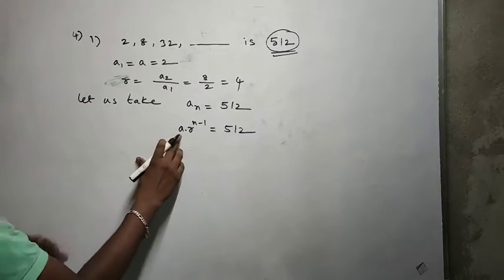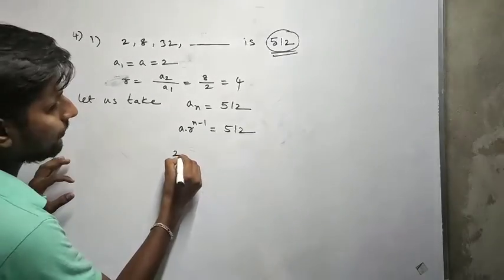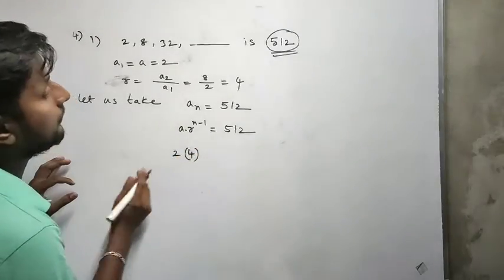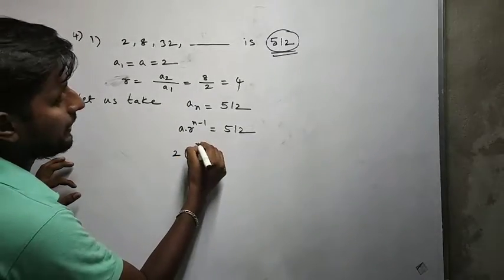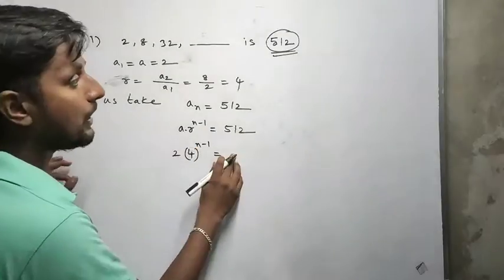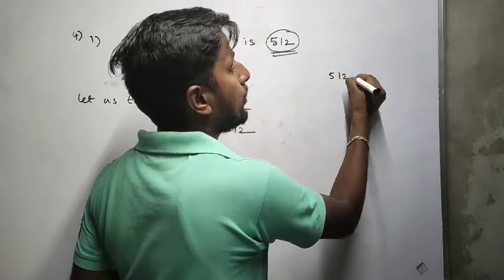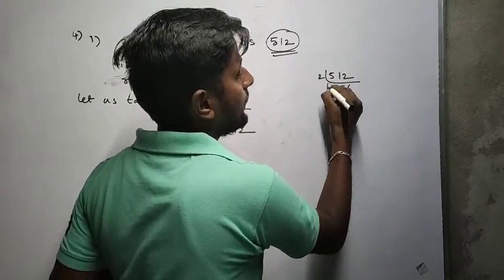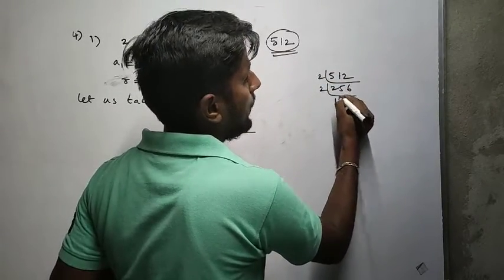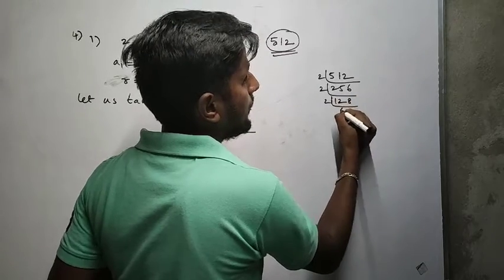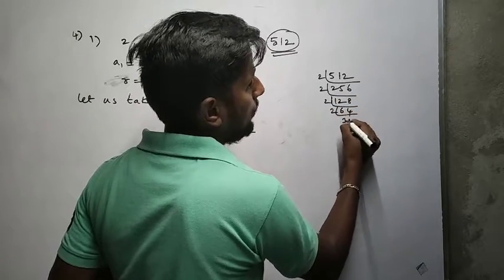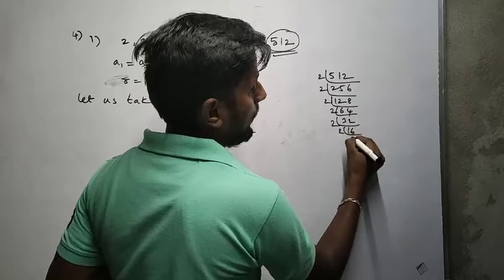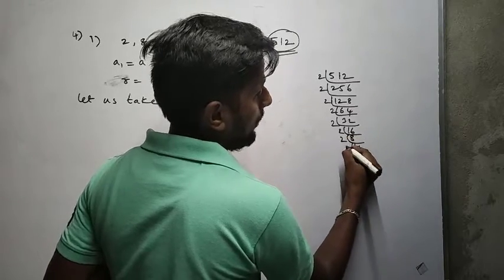Okay, now a value is 2 and 4 to the power n minus 1 is 512. If you want to write 512 in prime factors: 512, 256, 128, 64, 32, 16, 8, 4, 2.